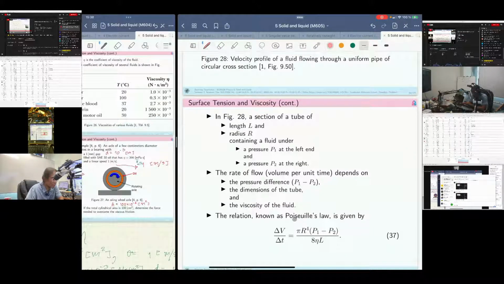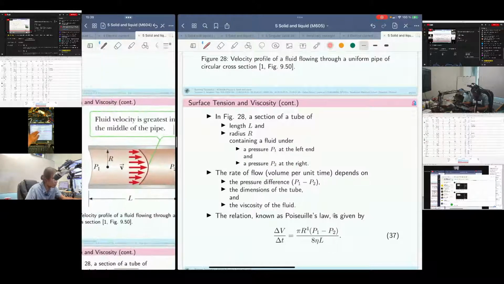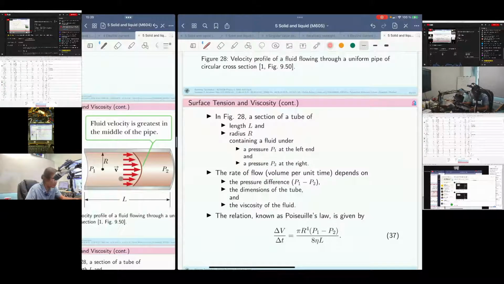And this person, Poiseuille, is a French scientist who has found the relation between several factors in this setup, right? Of course, if you have more radius, a bigger pipe, the flow rate increases.